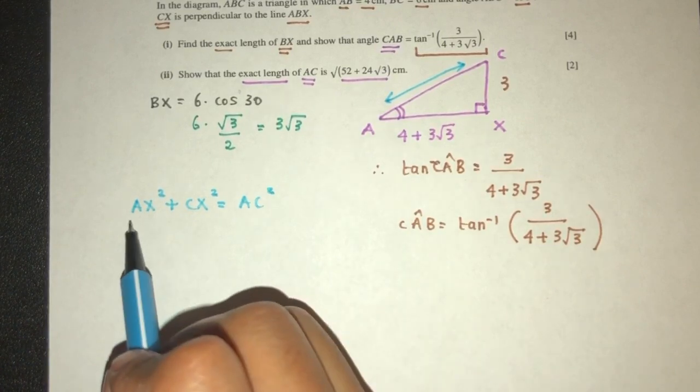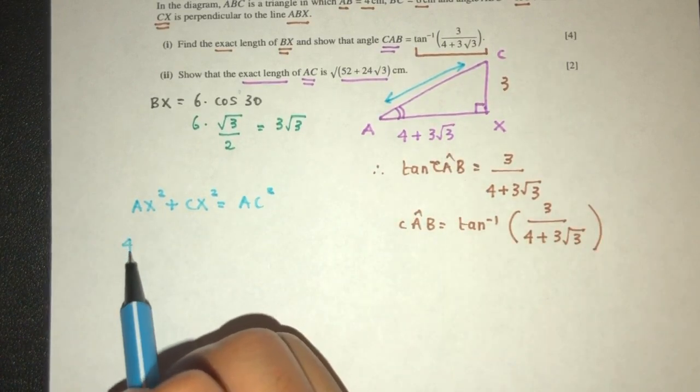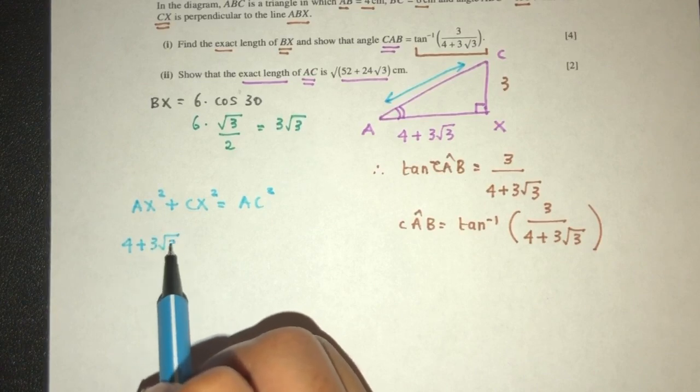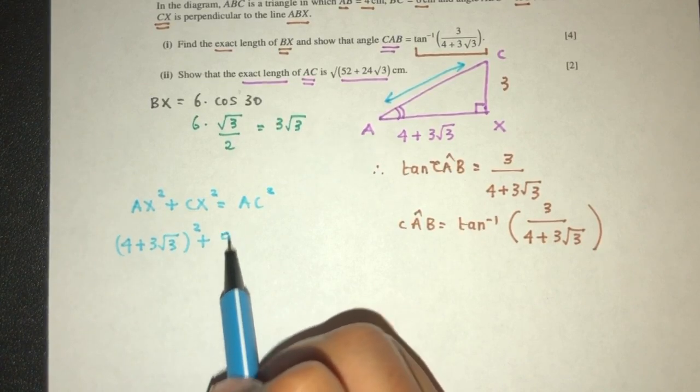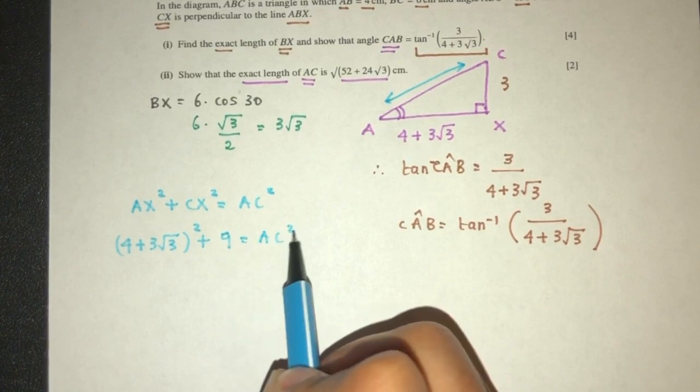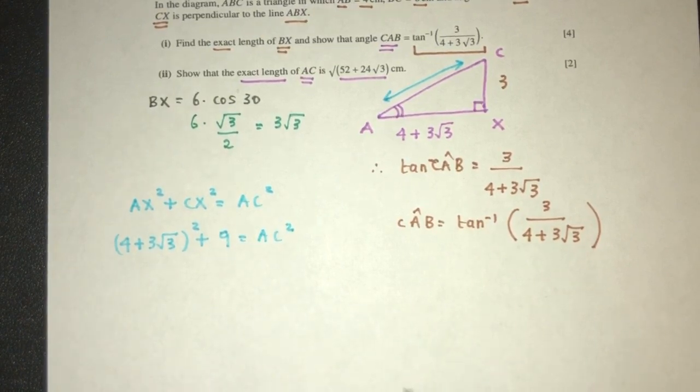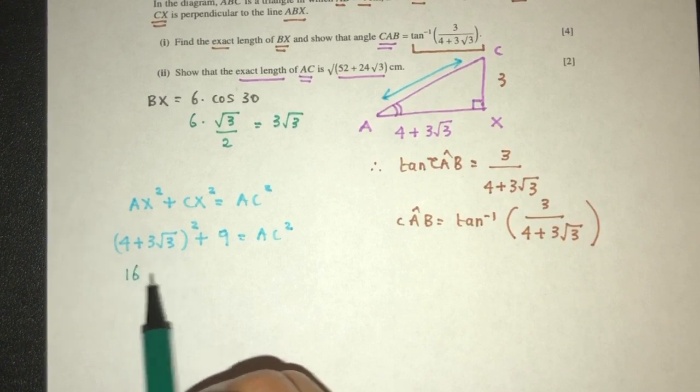So AX is 4 plus 3 root 3, squared, plus CX squared, which is 9, equals AC squared.